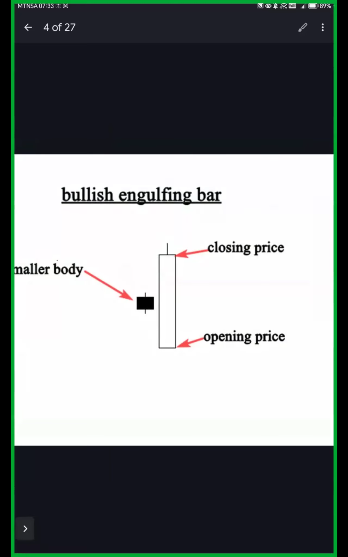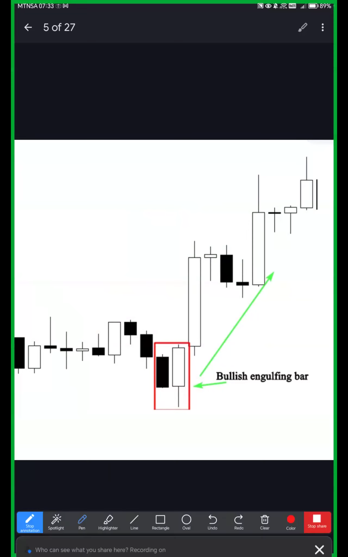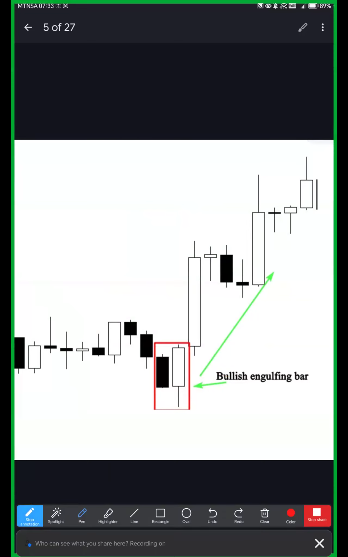Where is the bullish engulfing bar example? Okay, this is an example of a bullish engulfing bar. You can see the market is coming from this direction. Can you see this probability setup over here? This signifies that the market is changing direction. It may not happen immediately.